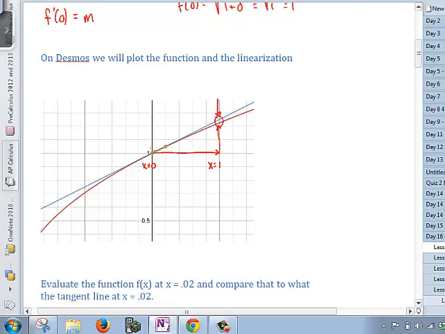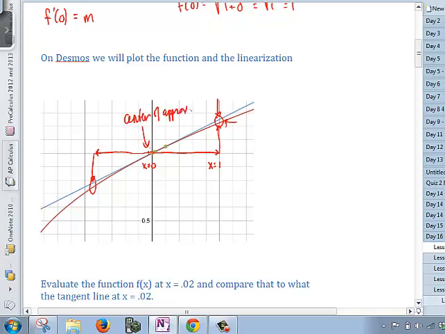There's error between the two no matter what, but the error becomes more pronounced the further away from the approximation you get. And if you go to the left, you can see the error also getting larger and larger as you walk away from the center of approximation.